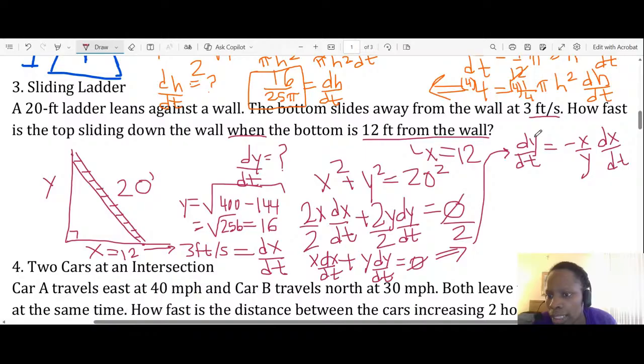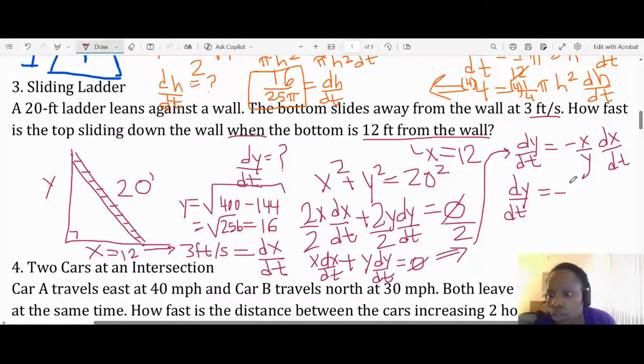Okay, so y is 16. So dy/dt is equal to minus x over 16, and then dx/dt, we're given, is 3.